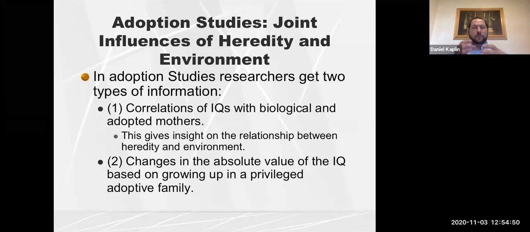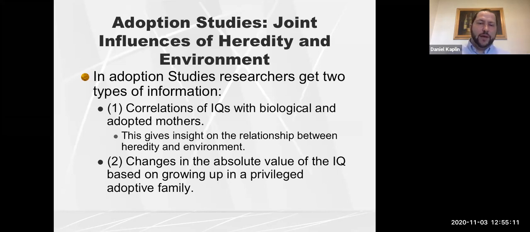You have biological parents who put you up for adoption, and then you have the parents who raise you. And the question is, well, what is the correlation between the biological mother and the child who was adopted?